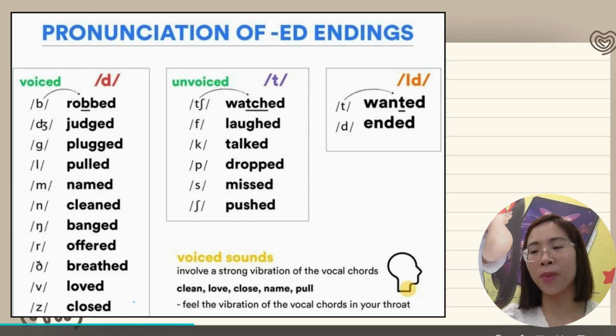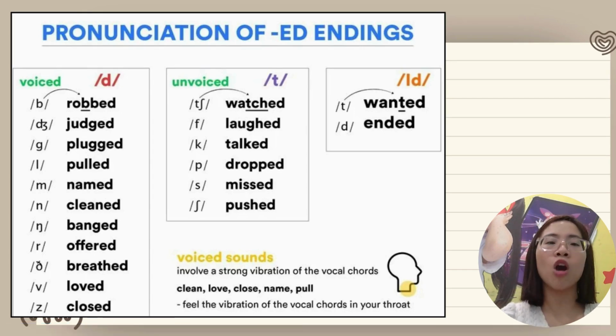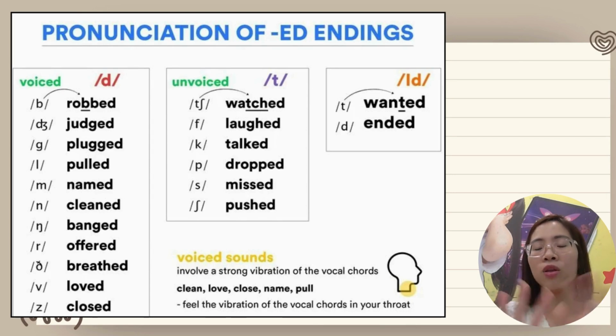To help you remember better, you should copy this table of pronunciation of endings into your notebook. And you practice by listening to this video many times to help you remember it better.